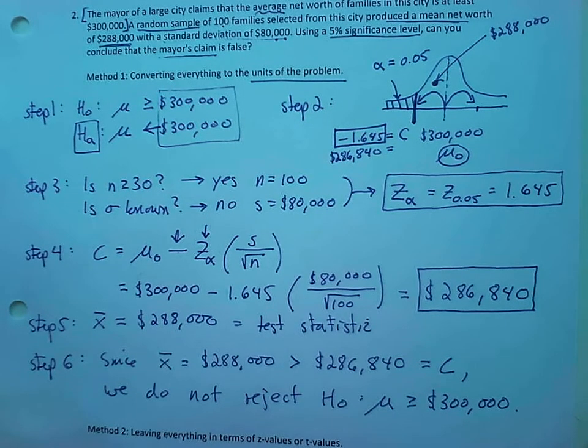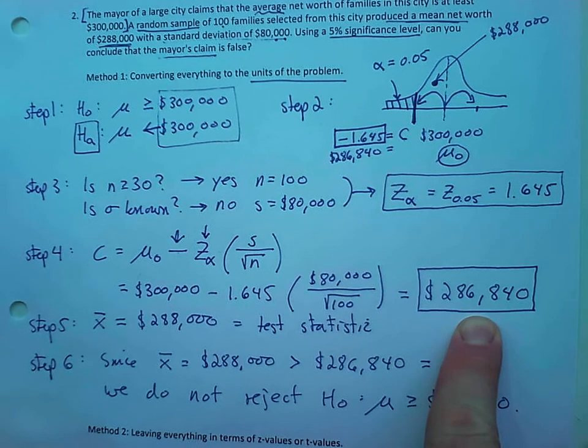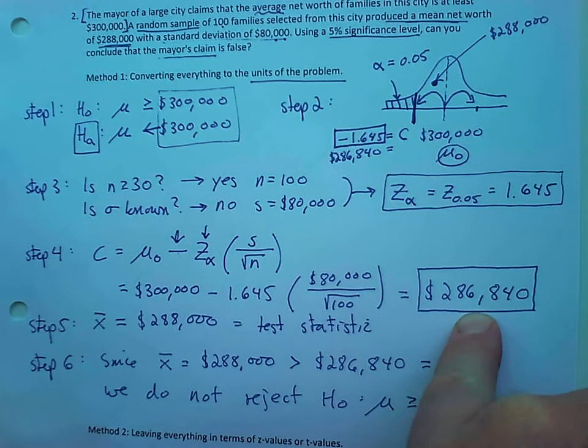But if we come up with a sample average that's below $286,840, we're going to say that your claim is wrong. But as long as you're above $286,840, we'll say that you fall at least into our wiggle room.